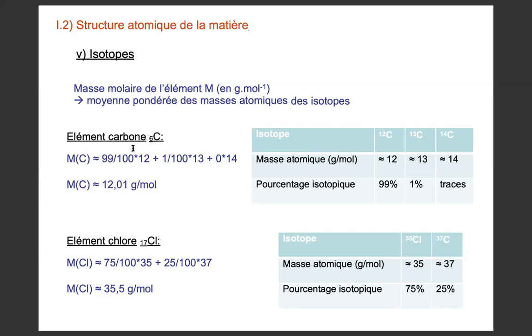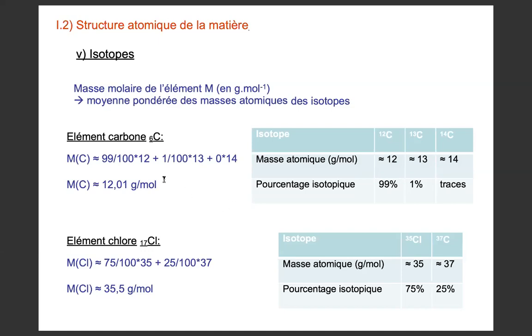So that's 99% multiplied by 12, plus 1% multiplied by 13, plus 0 multiplied by 14. Then we find that it gives us exactly 12.01. It is for this reason that the carbon atom is used as a reference for atomic mass units.